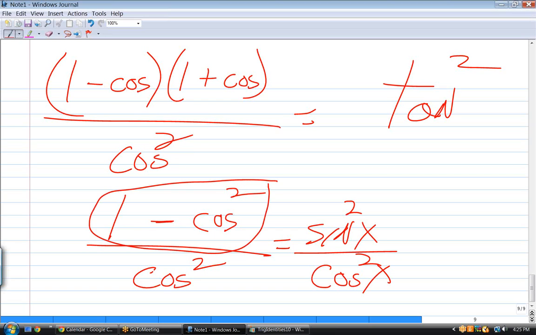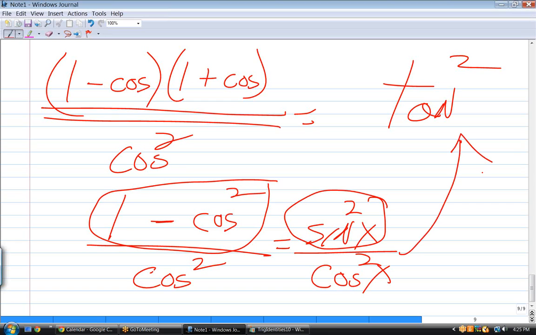Notice that in the original problem we had 4 terms. We turned 4 terms into one term right there. So the whole name of this game is to reduce, reduce, reduce. If I can turn 2 terms into one term, that's almost always the way to go. Sine squared over cosine squared is tangent squared.